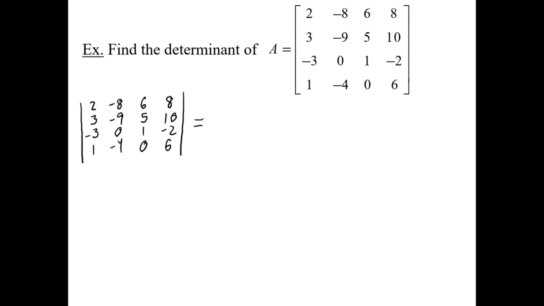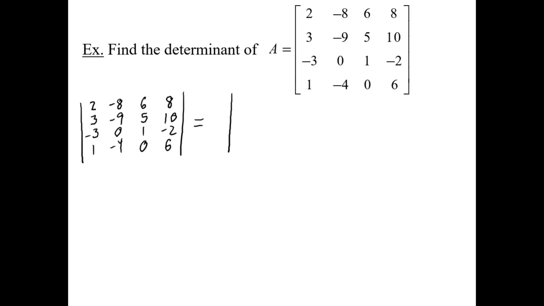Alternately, I'm going to notice that the top row, I can divide everything by 2 and not create fractions, right? I want to try to avoid fractions if I can help it. So I think that's what I'm going to do. I'm going to divide the top row by 2. Now again, one way to think about that is it's kind of like I'm factoring a 2 out of that whole row.